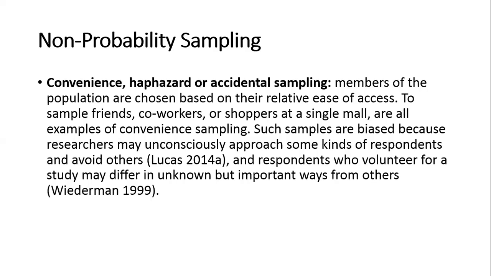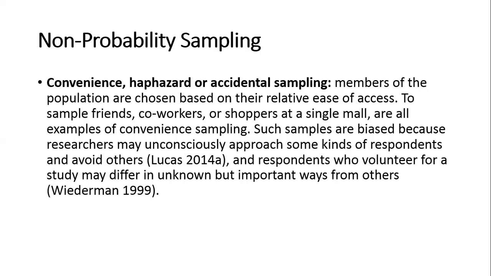Now, in non-probability sampling, we have different methods. We have convenience, haphazard, or accidental sampling. From the terminology alone, you can understand. In this case, members of the population are chosen based on their relative ease of access.